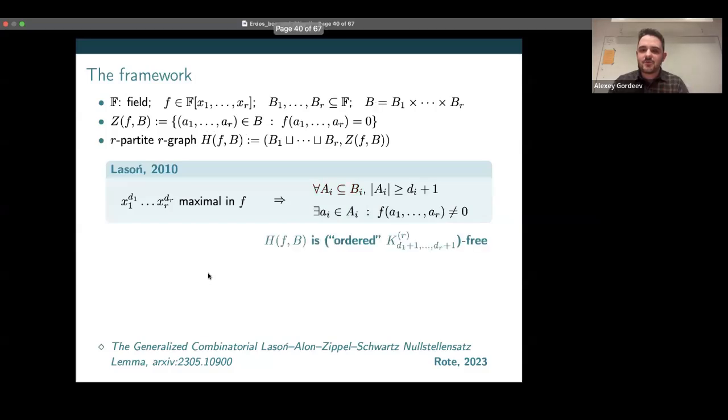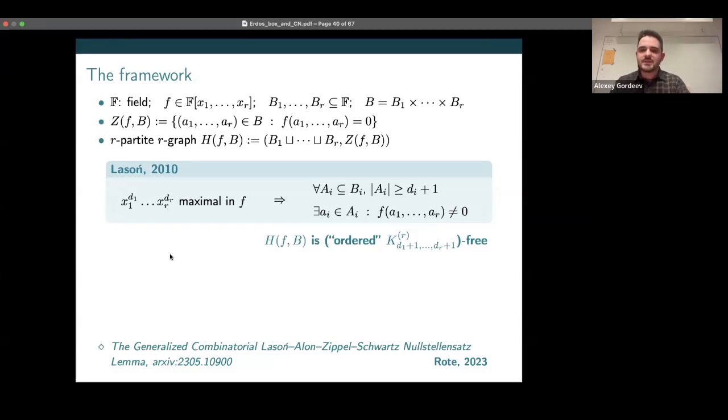In terms of hypergraphs, it means that H of F, B is free of ordered copies of the complete r-partite graph with d1 plus 1 vertices in the first part, d2 plus 1 vertices in the second part, and so on, dr plus 1 vertices in the last part. What I mean by ordered here is, again, that we are free of copies of this hypergraph which have exactly d1 plus 1 vertices in B1, d2 plus 1 vertices in B2, and so on. Because that's what the theorem tells us.